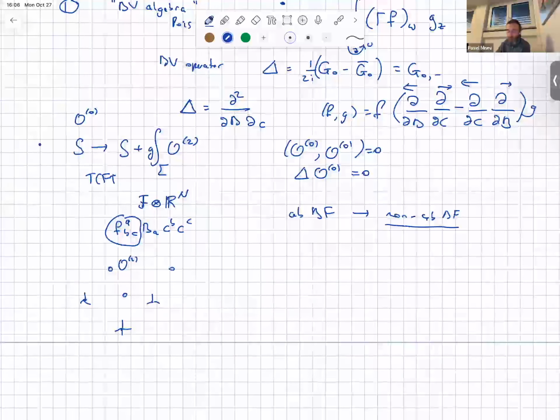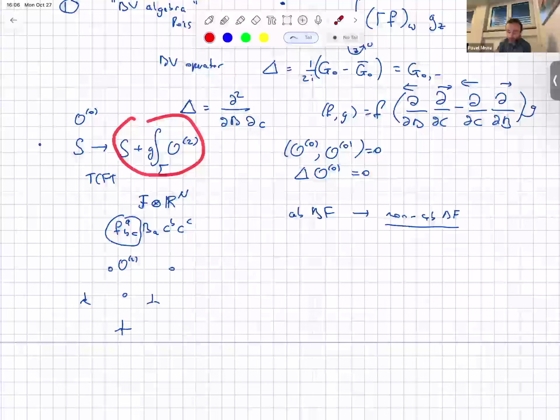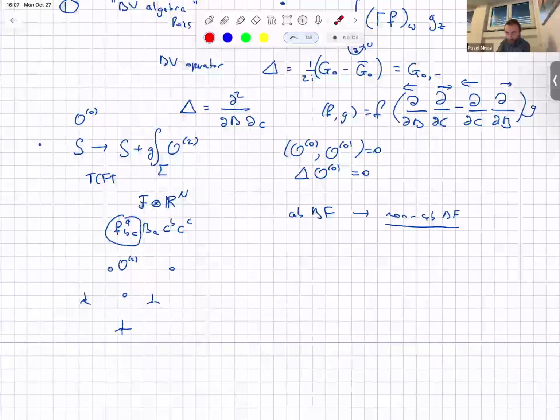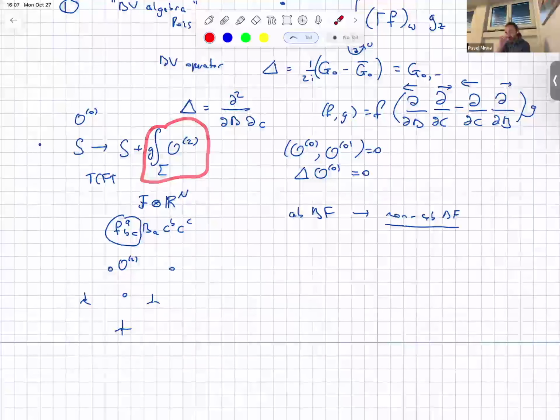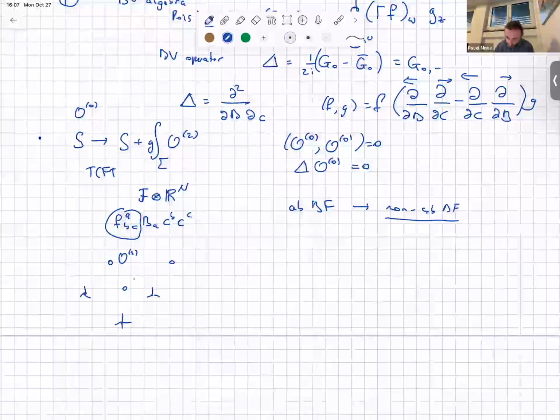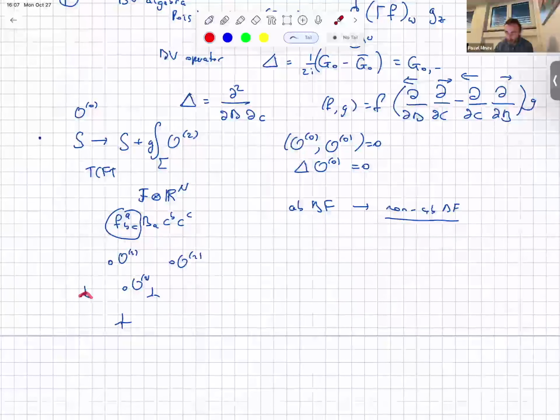When you calculate the path integral, you have the exponential of this expression. So this is no longer a free theory. You have the exponential of the integral of O2, so you expand it in Taylor series. You take several of these O2s and you calculate their correlator in the free theory with your observables.